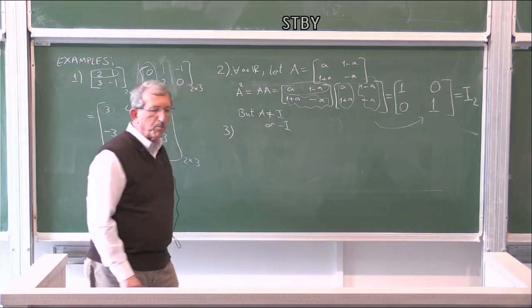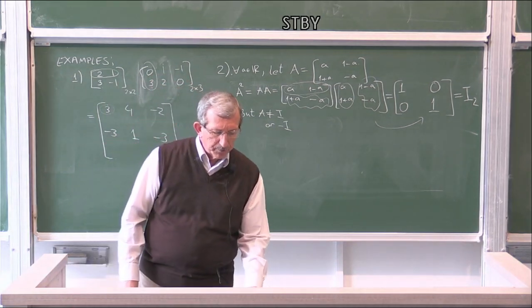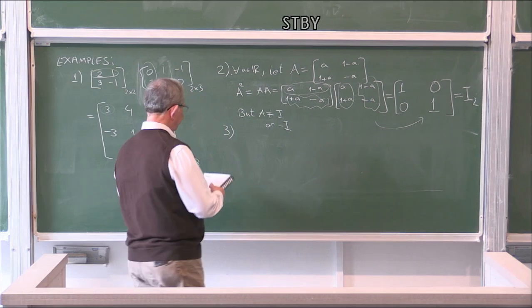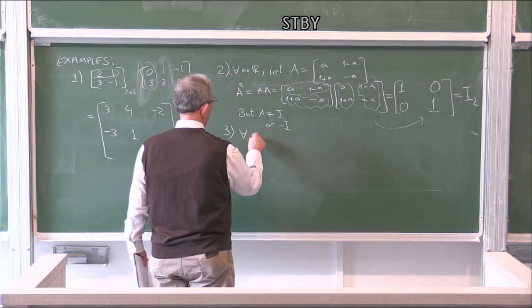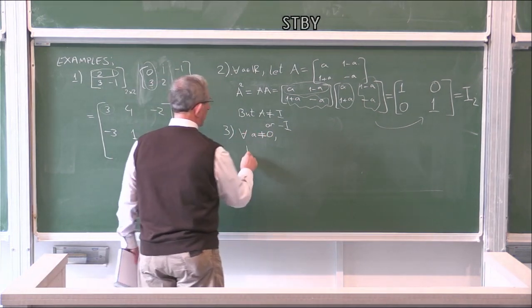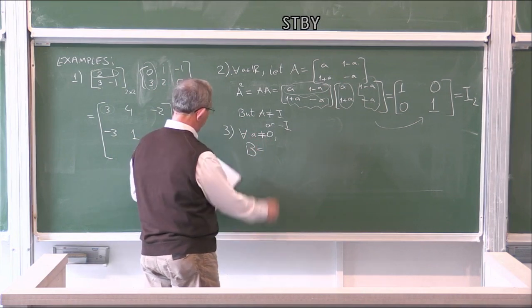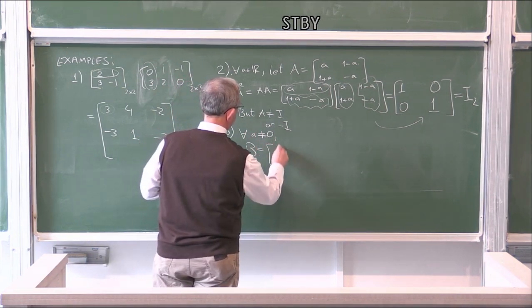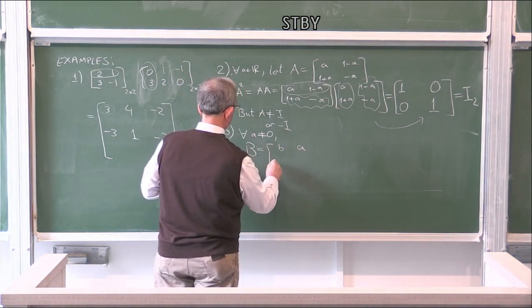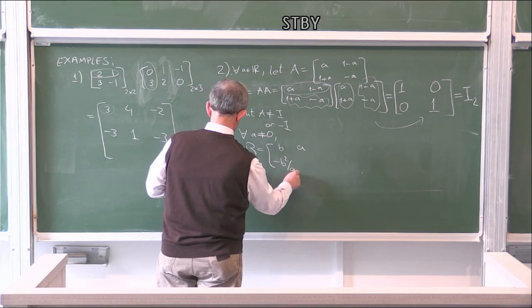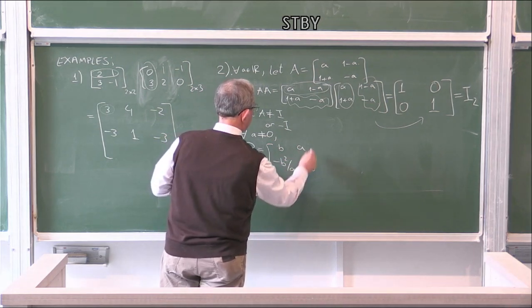So it doesn't look like real numbers in this sense. A still more peculiar example is the following. For all a different from 0, let B be the matrix ba, minus b squared over a, and minus b.